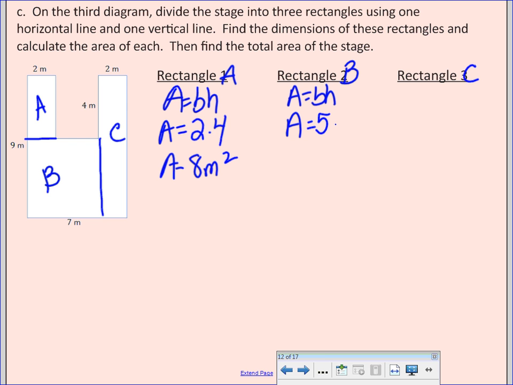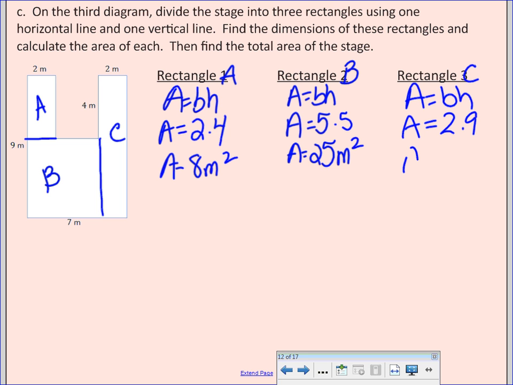Nice. And what's the height of B? Nice. And rectangle C. The base and the height? Yeah. Let's add them all up.